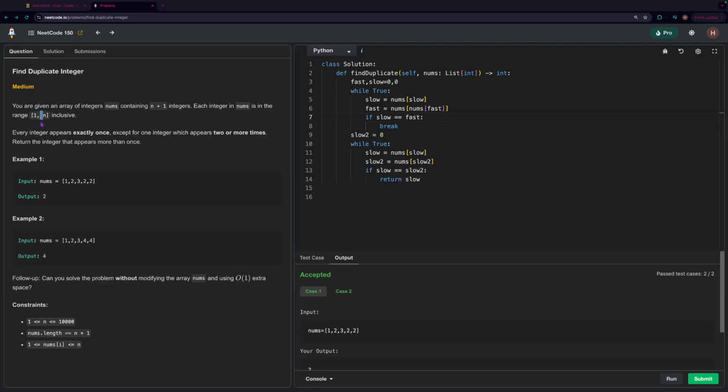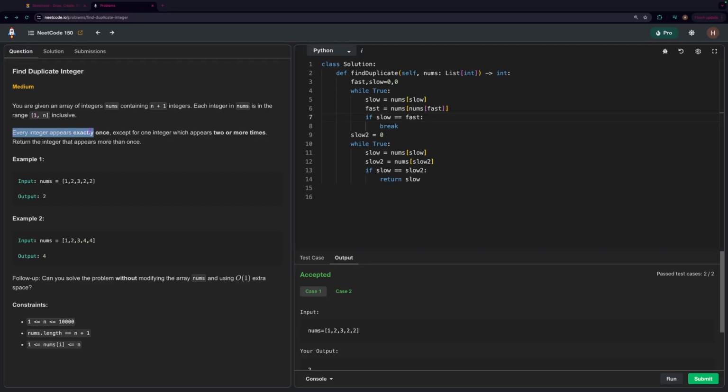So basically every single number in the array is a possible index in the array. It will never be out of bounds because the length is n plus 1 elements, but at most a value can be n. So it's not going to go out of bounds. You'll see why you need to know that in a second.